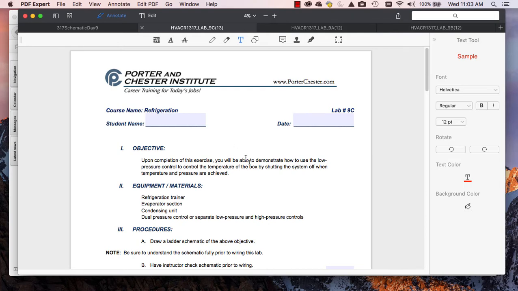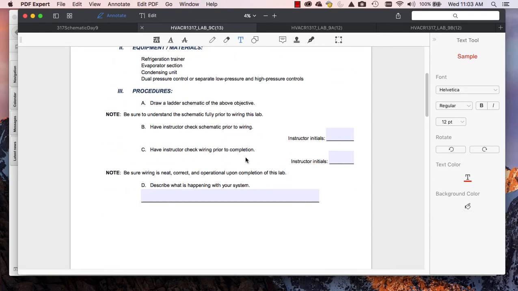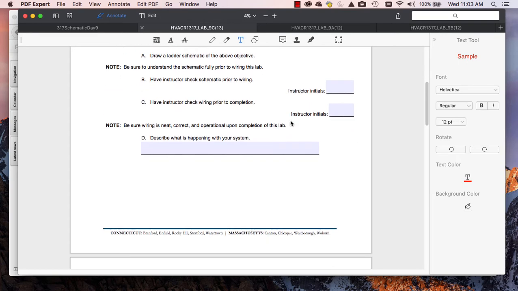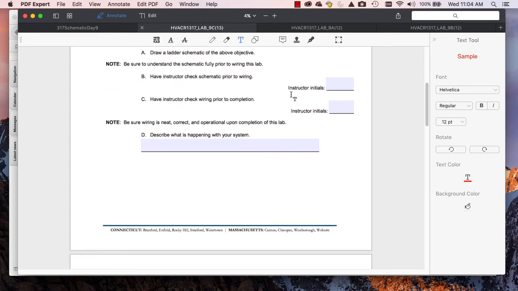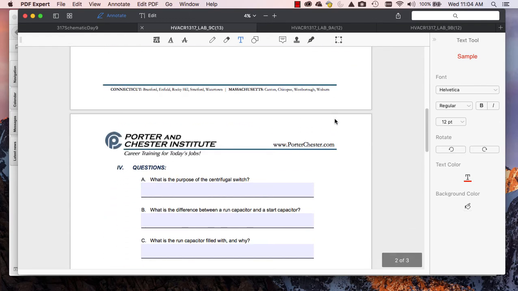Let the pressure control control the condensing unit. And on this one, you want to let the evaporator fans run constantly. So you're just going to make a change. For the same circuit from 9B, just take the thermostat out. Have your instructor check your schematic once you've drawn it. Have your instructor check the wiring. Sequence of operation include the pressures, and you want to use your gauges on this one.